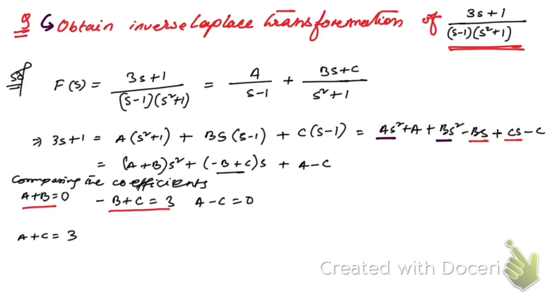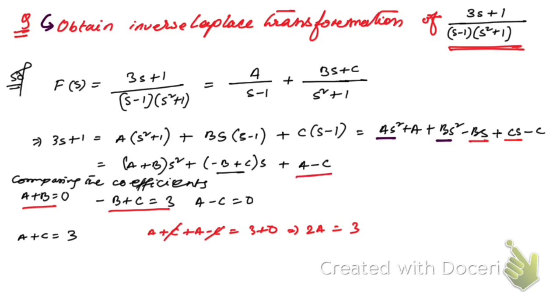Now let us add these two. Then you're going to have a plus c plus a minus c is equal to 3 plus 0, so minus c plus c is gone, so you're going to have twice a is equal to 3, right?